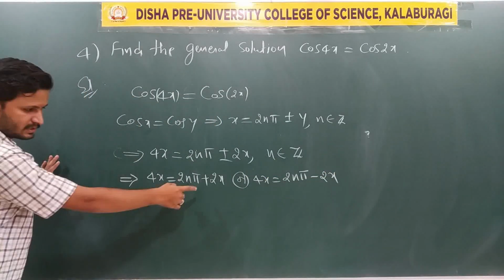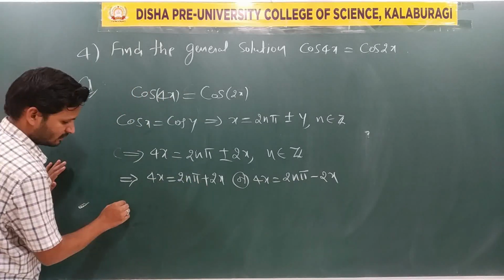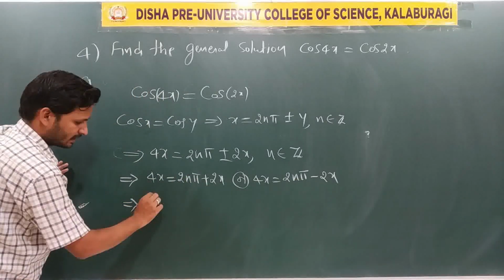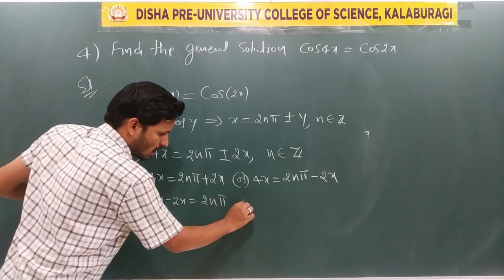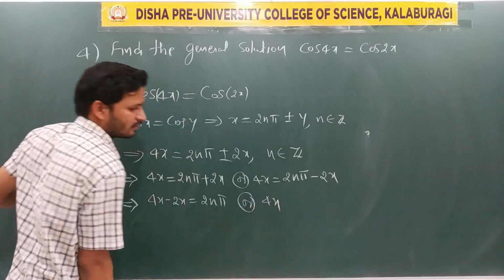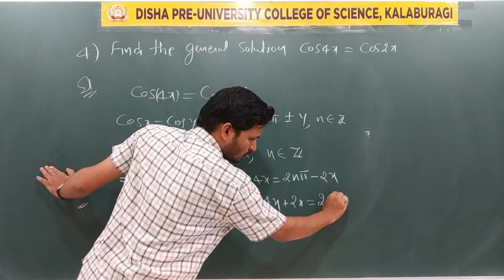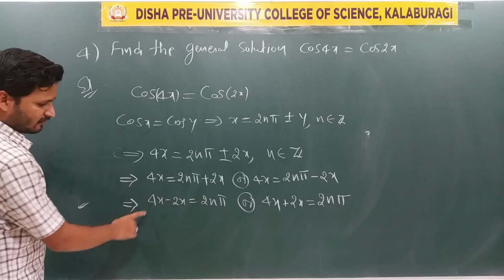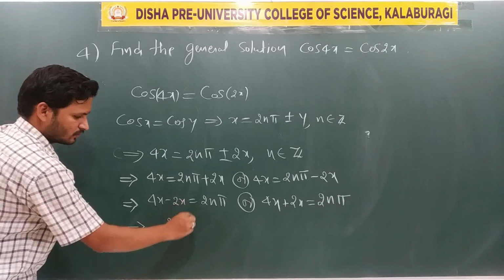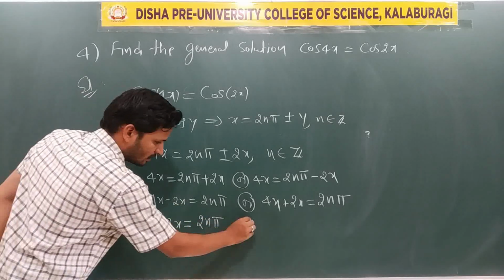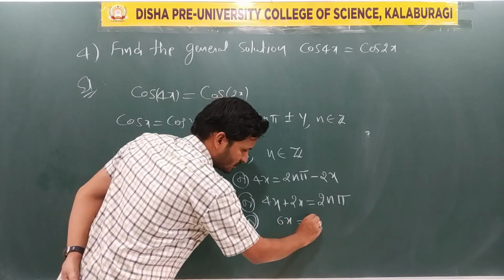First consider the plus part and then the minus part. Taking 2x to this side, we get 4x minus 2x equals 2n pi, or 4x plus 2x equals 2n pi. That is, 2x equals 2n pi, or 6x equals 2n pi.